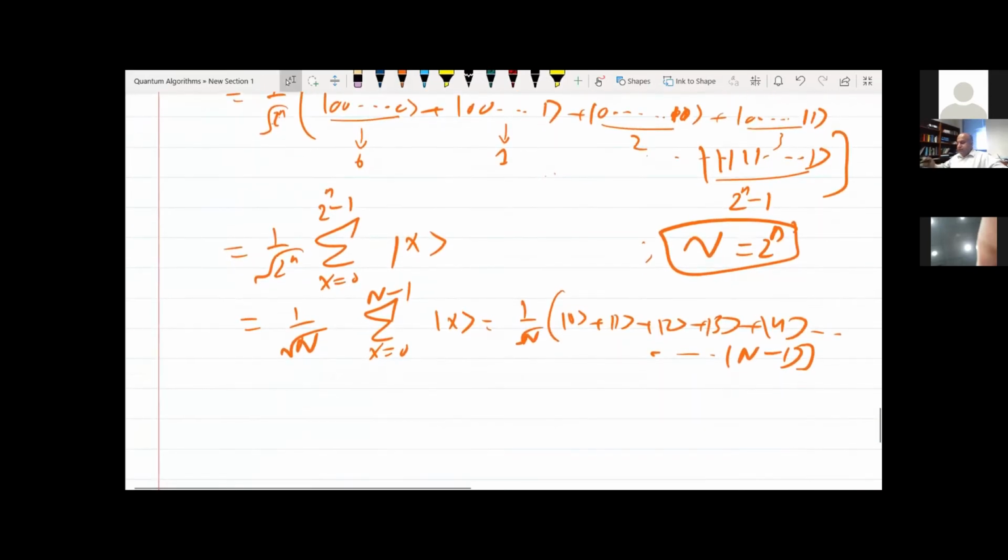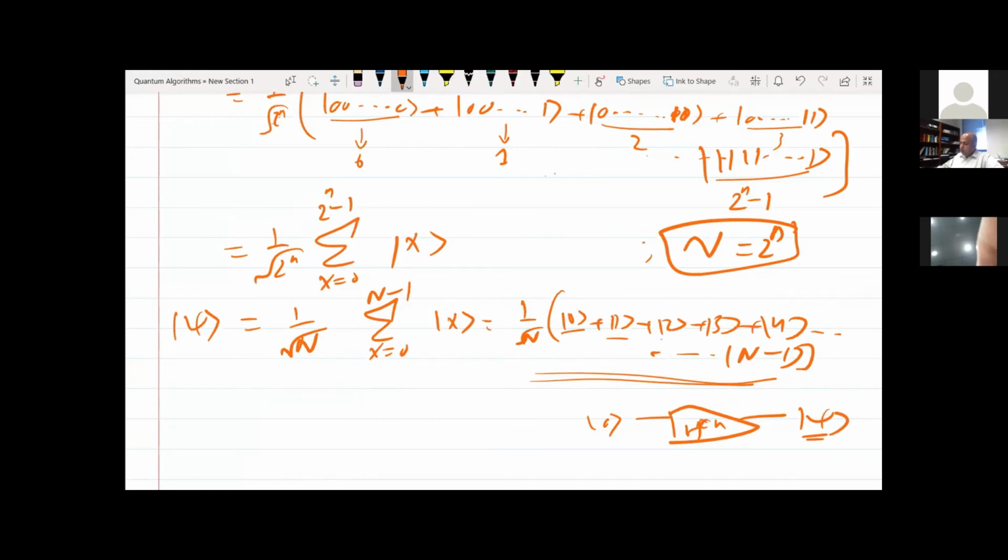And this is actually a very nice thing, because we started from the state 0, and after this n-dimensional Hadamard transform, we have ended up with a state psi, which is an equal superposition of all possible combinations of input qubit states.